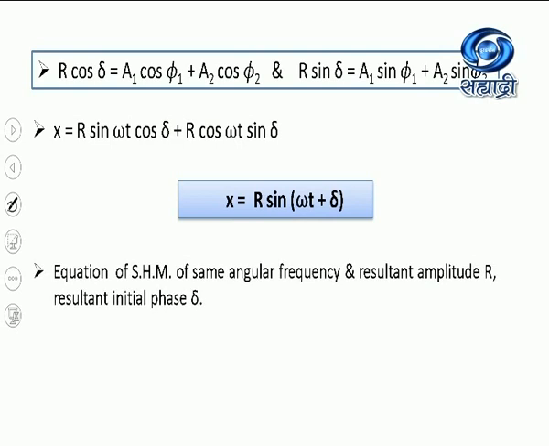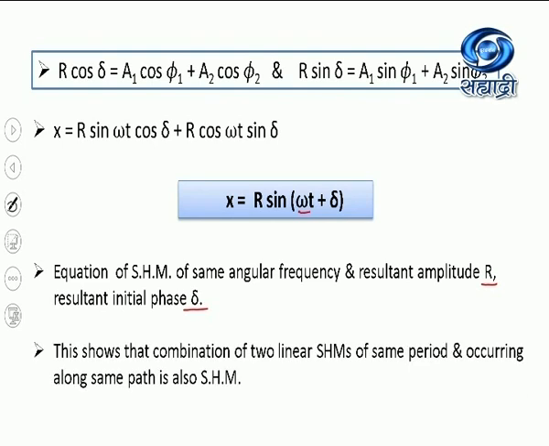This represents the equation of an SHM of the same angular frequency omega as that of the individual SHMs, where the resultant amplitude is r and the resultant initial phase angle is delta. In this way it is proved that even though the particle is subjected to two linear SHMs of the same period taking place along the same path, the resultant motion is also SHM.